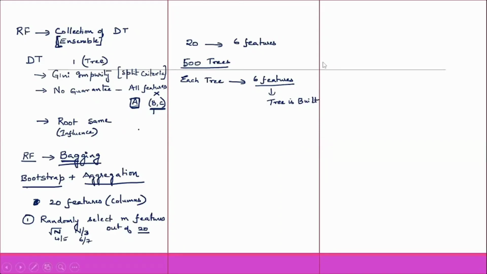Then in the second iteration, another random 6 features, a second tree. Like that 500 times, 500 different combinations, different or same, we don't know. It's just a random thing. 6 different features will be picked up and a tree will be built.